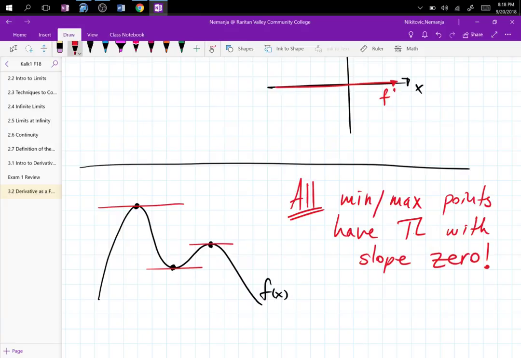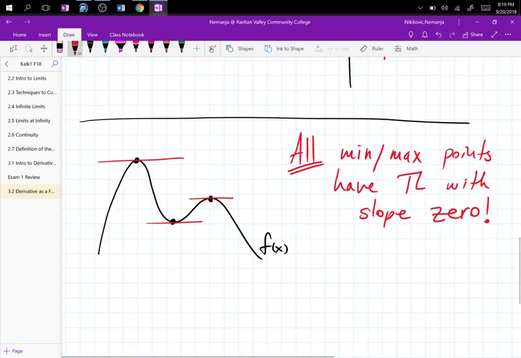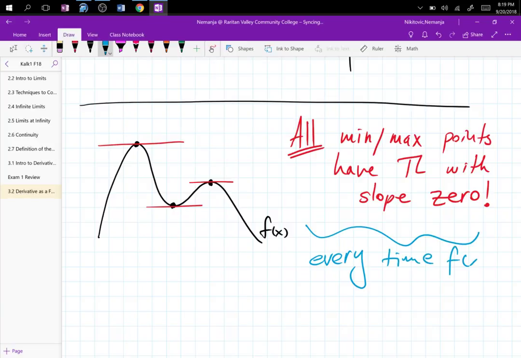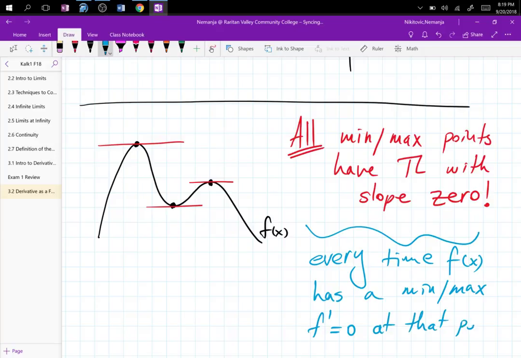So now we see that every time we have a min and a max, the derivative is 0. So in other words, over here, let's translate using blue. Every time f of x has a min-max, f prime is equal to 0 at that point.